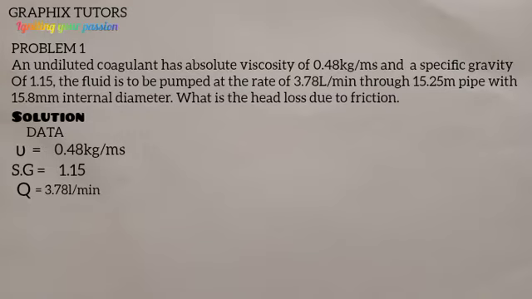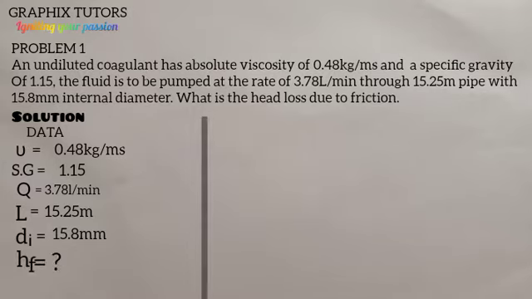The third one given is the length of the pipe, 15.25 meters. The next is the internal diameter of the pipe, given as 15.8 millimeters. Now we're told to look for what? The head loss due to friction. We call it h subscript f.